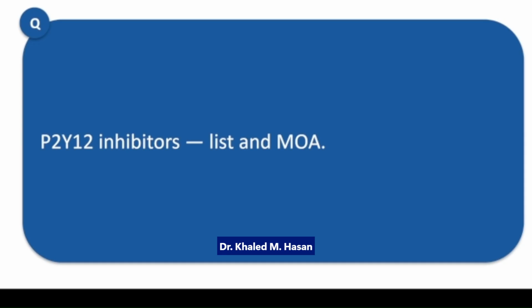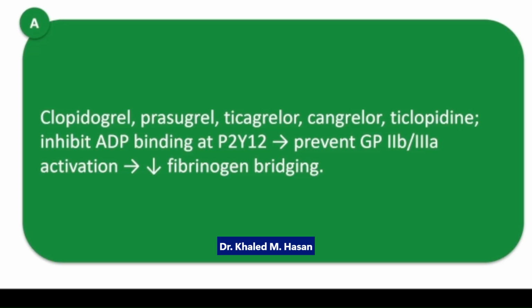List of medications belonging to the P2Y12 inhibitors. We are looking for this list of medications. How do these medications work? MOA, mechanism of action. Clopidogrel, Prasugrel, Ticagrelor, Cangrelor, Ticlopidine. This group of medications inhibits P2Y12 by binding to the ADP.